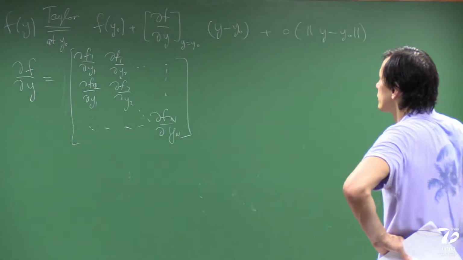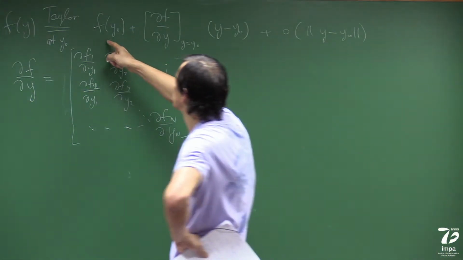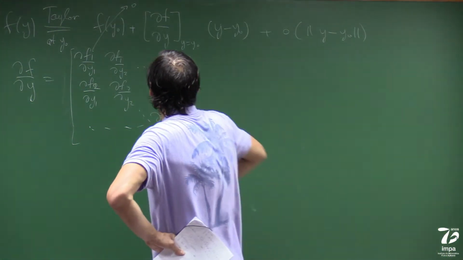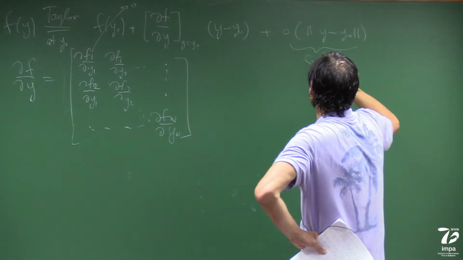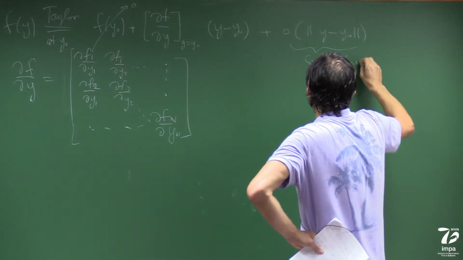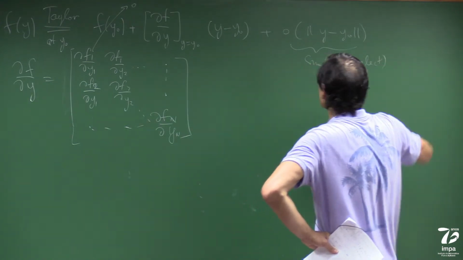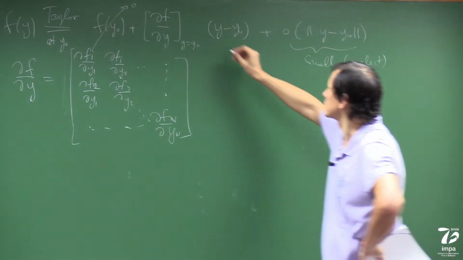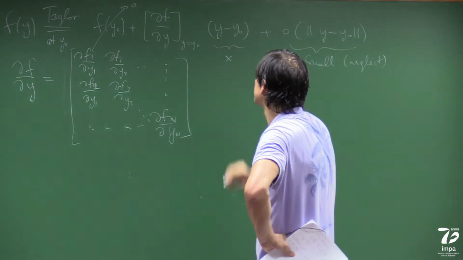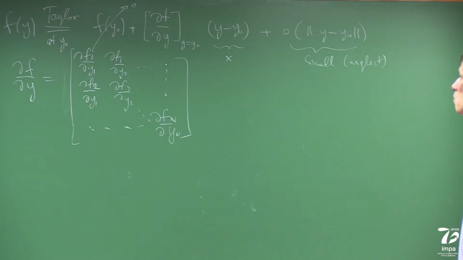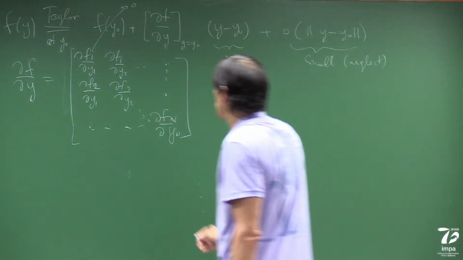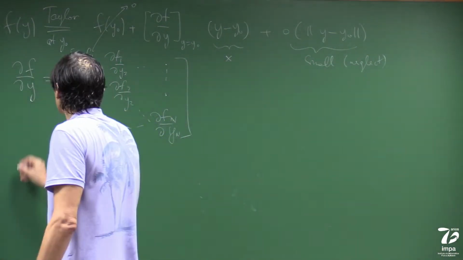So now what you have: this is 0. This is small, so we can neglect it. This is x.